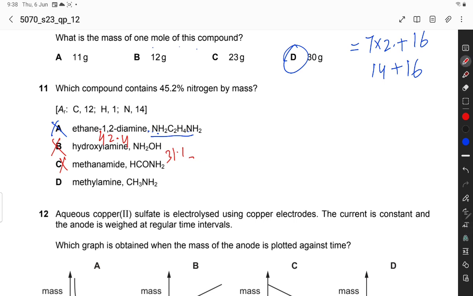Let's check. Carbon 12, hydrogen 3, nitrogen 14, hydrogen 3 and 2 5. 12 plus 14 plus 5 is 31. So this is equal to 31 and 14 divided by 31 into 100.